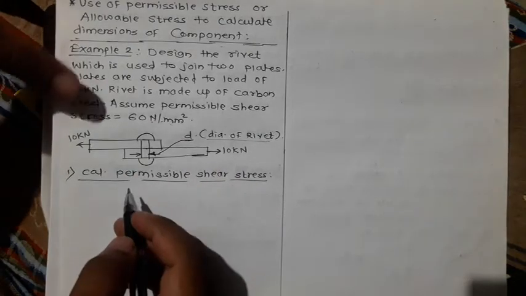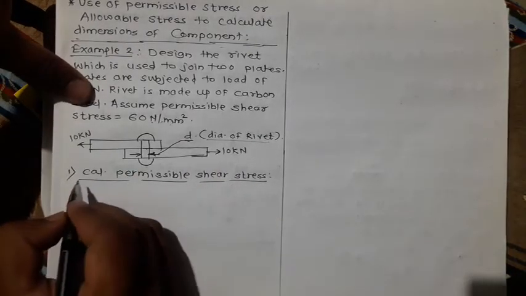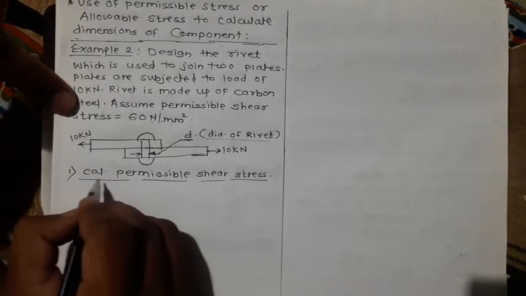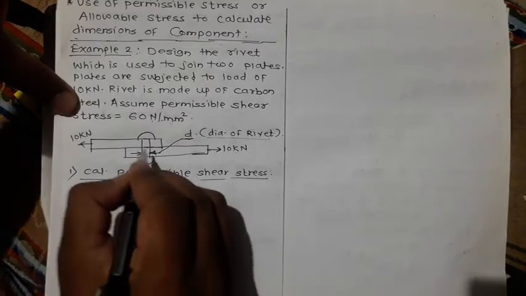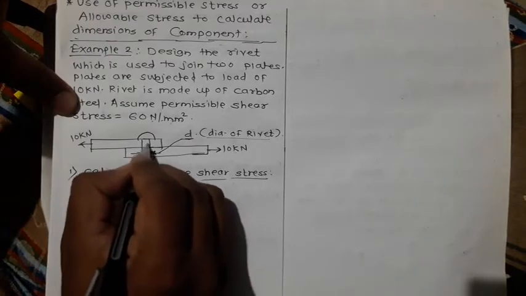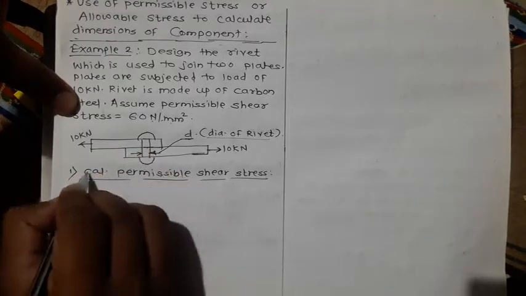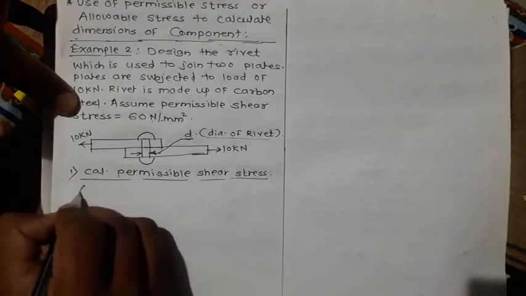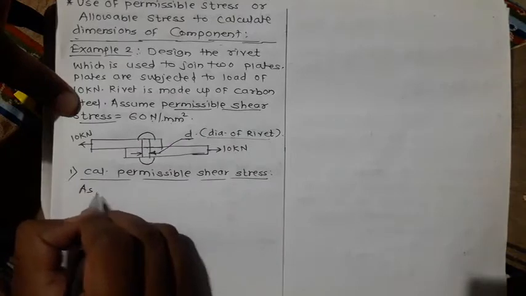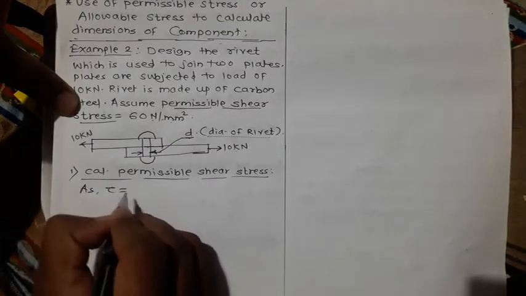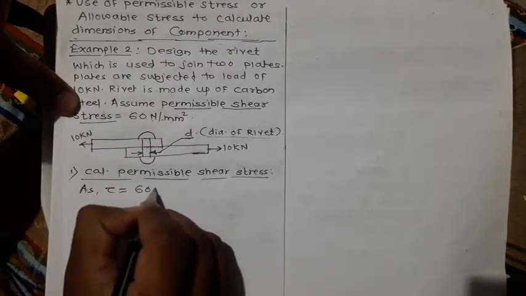10 kilonewton. So first of all, the first point we must write as calculate the permissible shear stress, because we know that this rivet is subjected to shear stress, so we have to calculate permissible shear stress. But as this permissible shear stress is given, so as directly tau is given, we will write this tau is equal to 60 Newton per mm square.